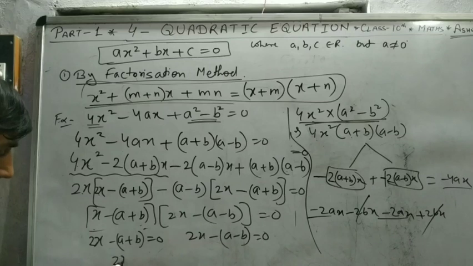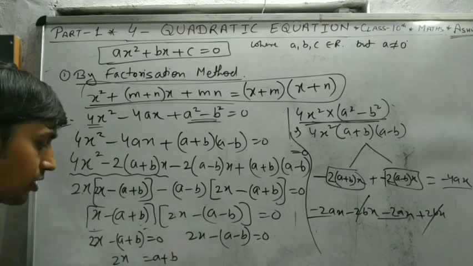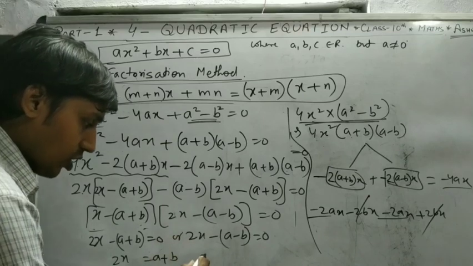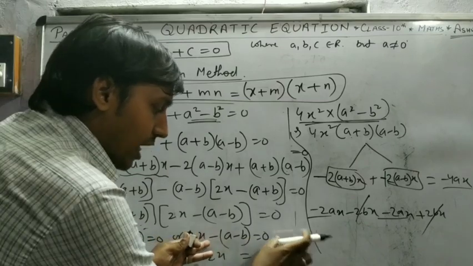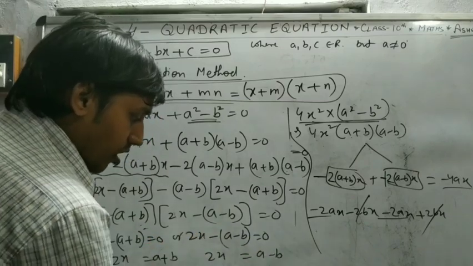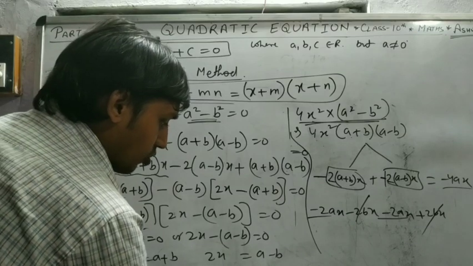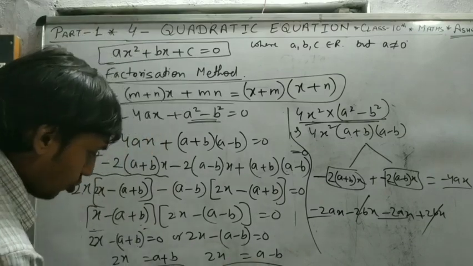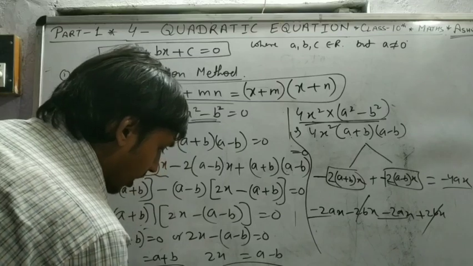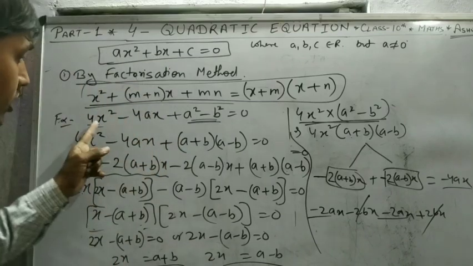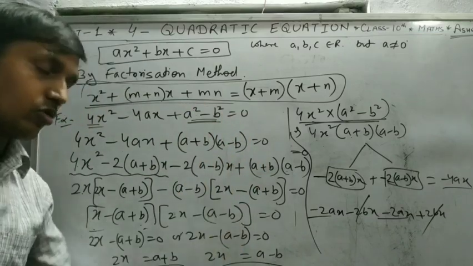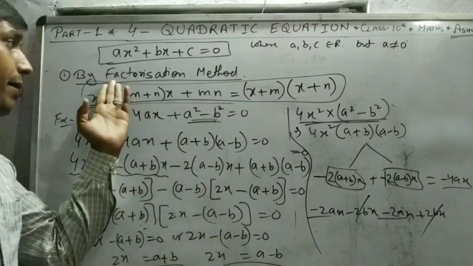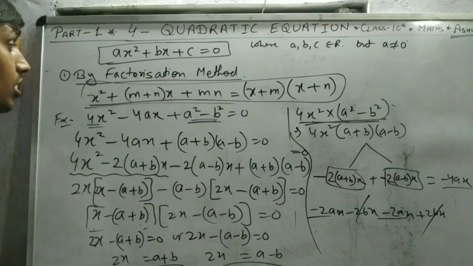Then 2x is equal to a plus b, x is equal to a plus b by 2, or 2x is equal to a minus b, because the whole bracket is sent to the opposite side, so minus changes to plus, x is equal to a minus b upon 2. So these two are the roots of the quadratic equation 4x square minus 4ax plus a square minus b square. Pause the video, note down. Then we take the next method, by the computation method.